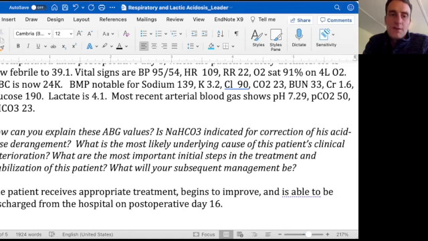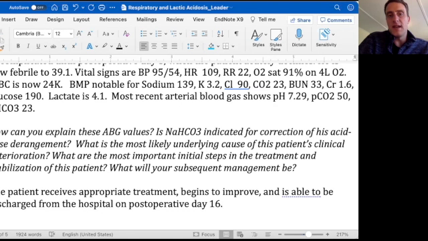So yeah, use the sodium, the chloride, and the bicarb to calculate your anion gap. And then you're right, the elevated lactate is an important clue to the cause of the acidosis, the presence of elevated lactate leading to a metabolic acidosis. And that is important for us as a clue to the patient's clinical deterioration.